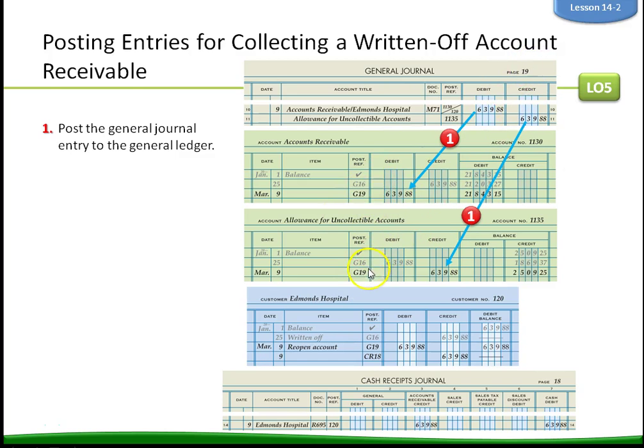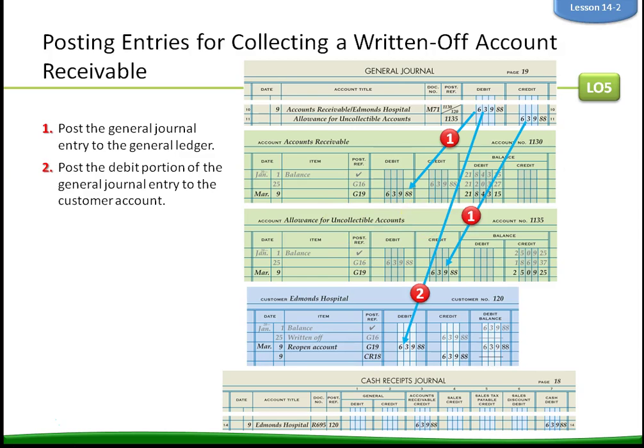We've got the debit to accounts receivable, and then the credit for allowance for uncollected accounts. Then we bring this one down, reopen the account for Edmonds Hospital. We have customer number 120 right there. This number comes down here for a debit. And we write the word reopen.